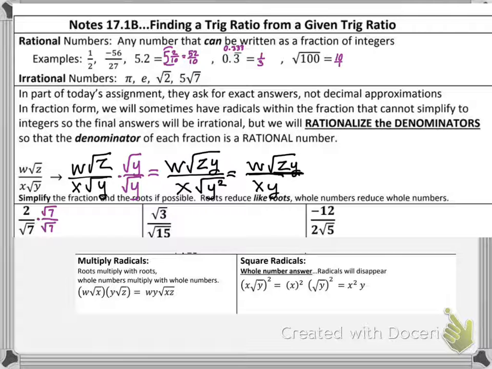So the top is now 2 square root 7. The bottom is the square root of 7 times 7, the square root of 49, which is just 7. I have 2 root 7 over 7.